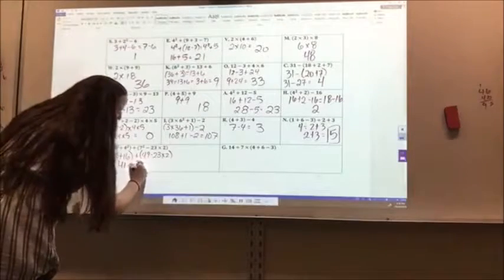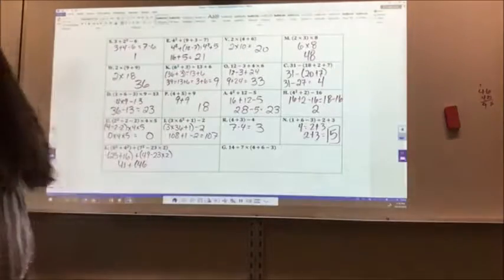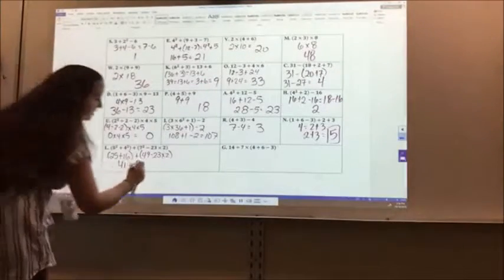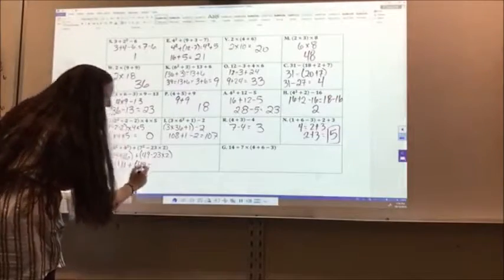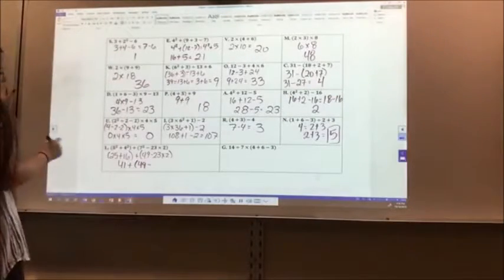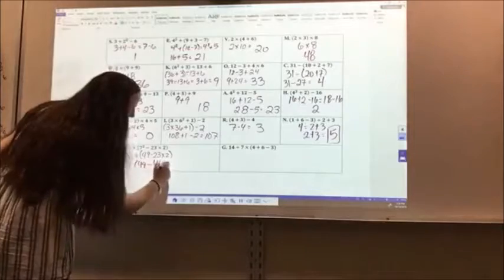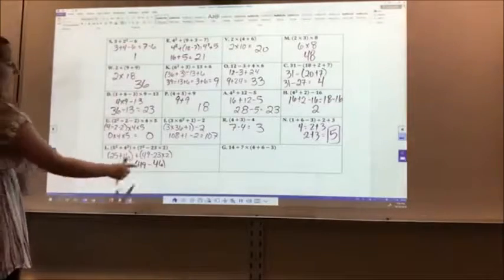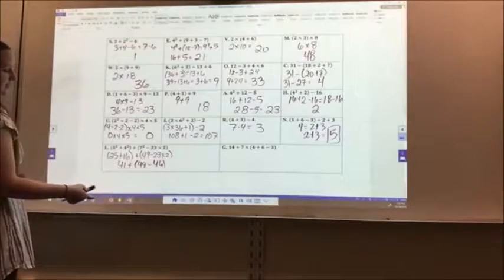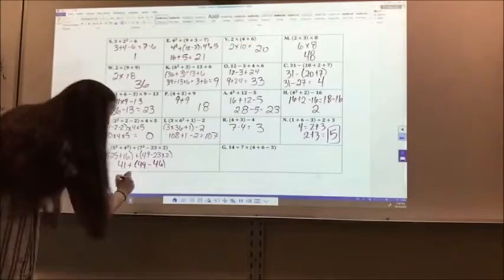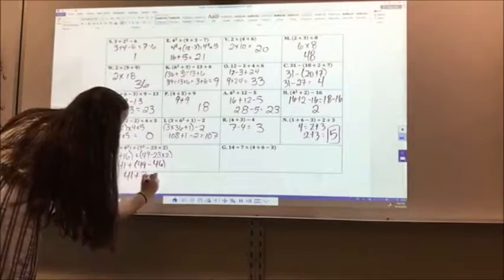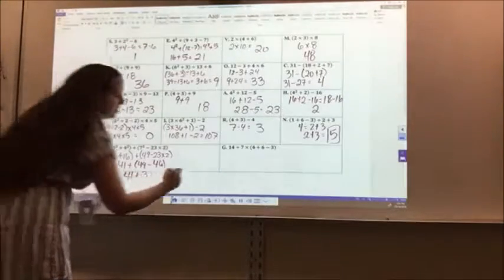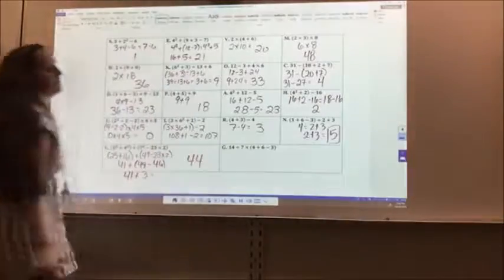So this is 49 minus 46. Okay. 49 minus 46 is 3. So I have 41 plus 3, which equals 44.